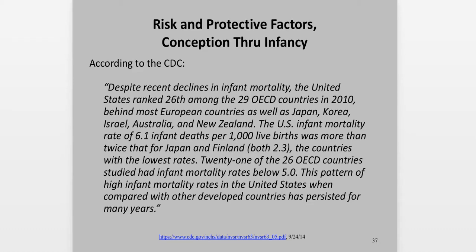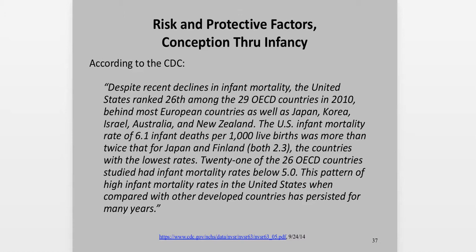According to the Centers for Disease Control, despite recent declines in infant mortality, the U.S. ranked 26th among 29 OECD countries. The OECD is the Organization for Economic Cooperation and Development, I believe, is what it stands for. Mostly they're wealthier nations, not entirely, but we're 26th out of 29 OECD countries in 2010.